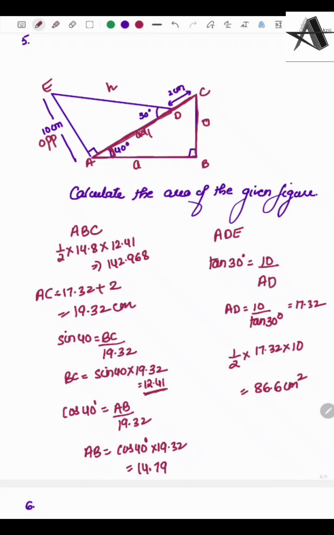We need to calculate the area of this whole figure. That means adding up both areas. So 86.6 plus 142.968 will give 229.568, or 229.57 centimeters squared, is the required area.